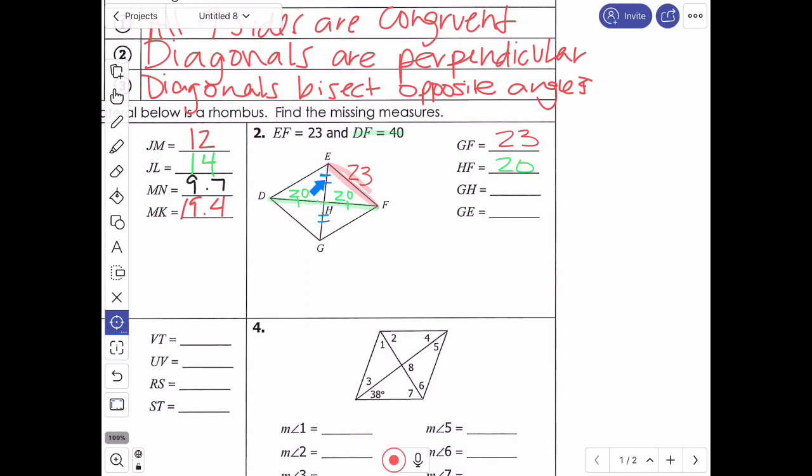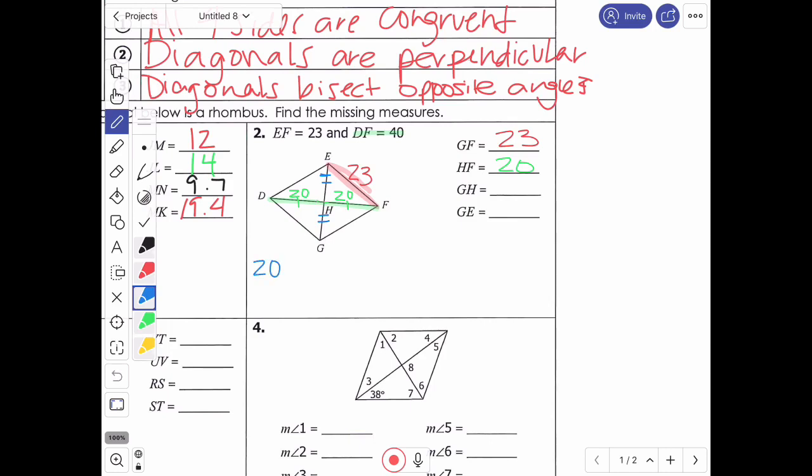So I could figure out what EH is by just looking at this triangle right here. This is a right triangle, so again, I'm going to use the Pythagorean theorem. 20 can be my A. This will be my B, so I'm going to make my B my X in my equation so I can solve for X. And then EF is going to be my hypotenuse. So A squared plus B squared equals C squared.